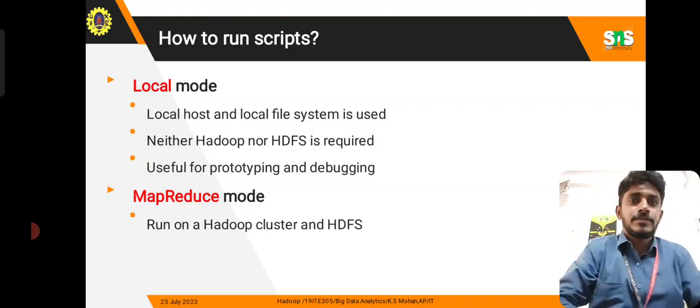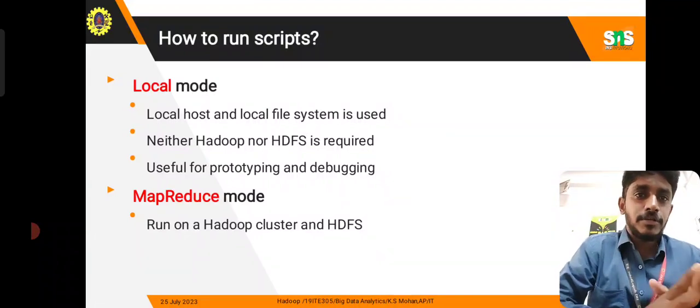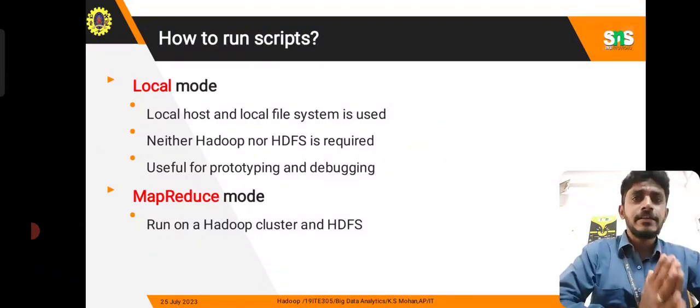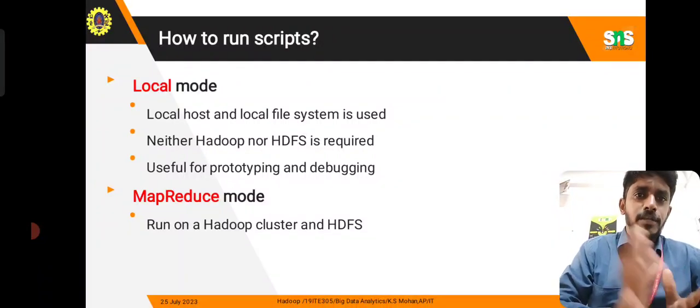To run the scripts, in local mode we use the localhost and the local file system. Neither Hadoop is required, so we can run the script very easily. We can see the local mode and the MapReduce mode. There are two kinds of mode.